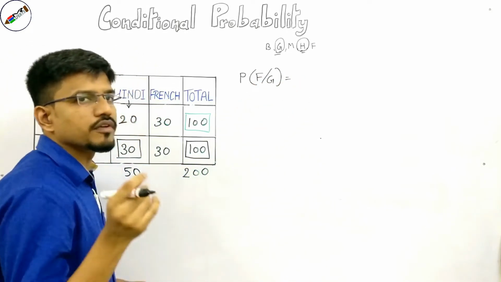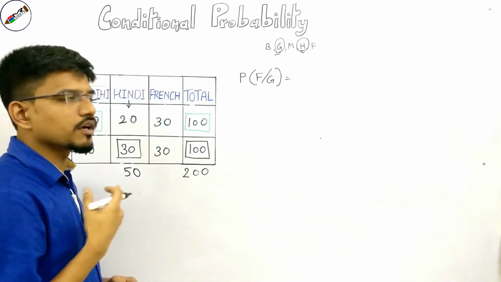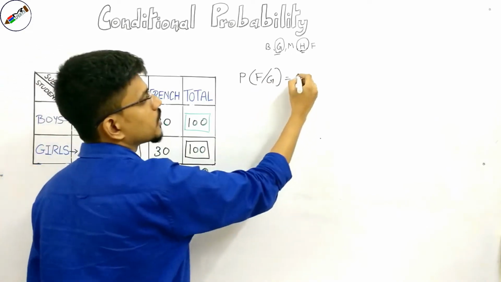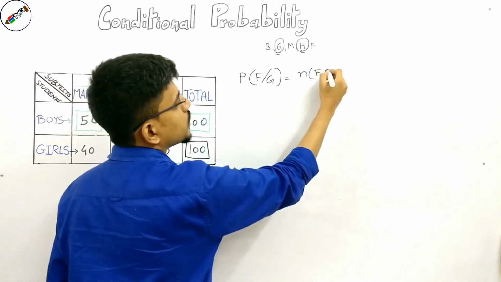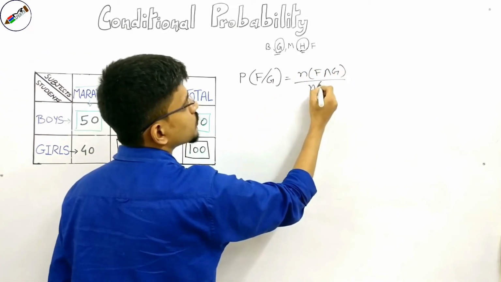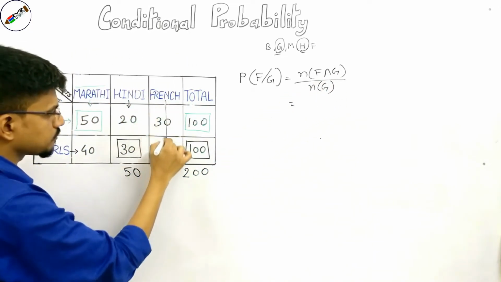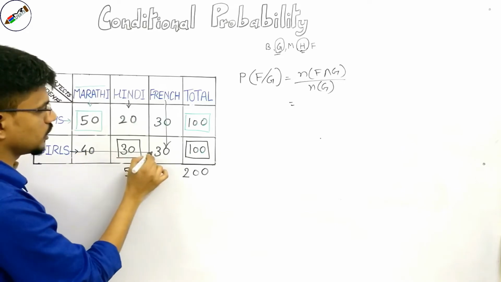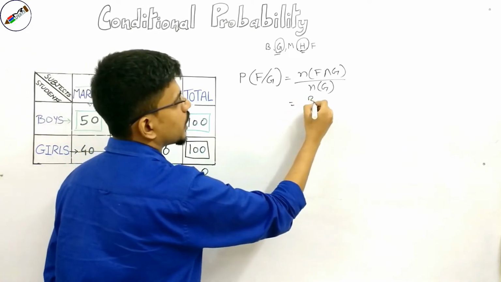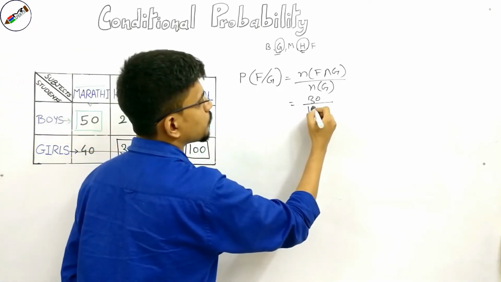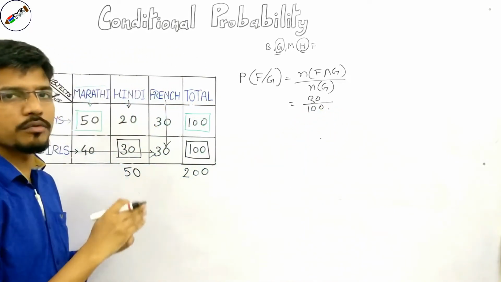Now first of all we will calculate it using our observation. So P of F stroke G would be nothing but number of F intersection G upon number of G. Now how simple is that? F intersection G is nothing but 30 and number of G is nothing but 100. So 30 upon 100. That is by observation.